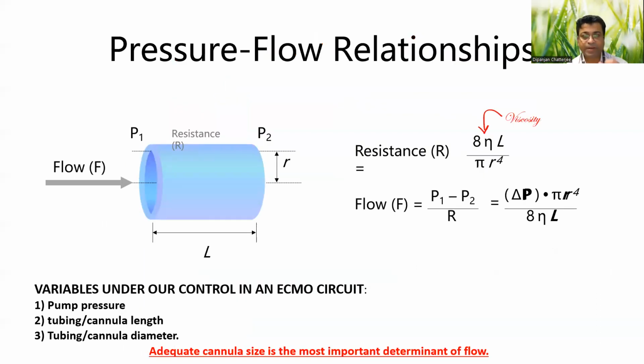We need to know the pressure flow relationship within the tubing, because resistance increases as the radius goes down. It is the fourth power of the radius, so inversely proportional to the radius. So if you want more flow, you have to increase the radius. Otherwise, your resistance to flow increases in the circuit.